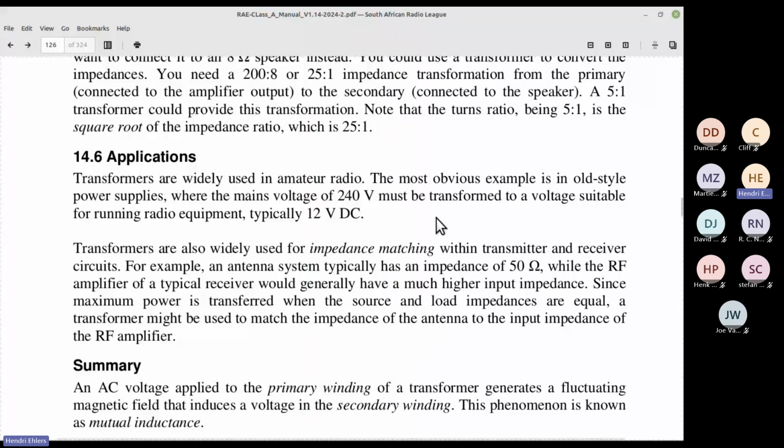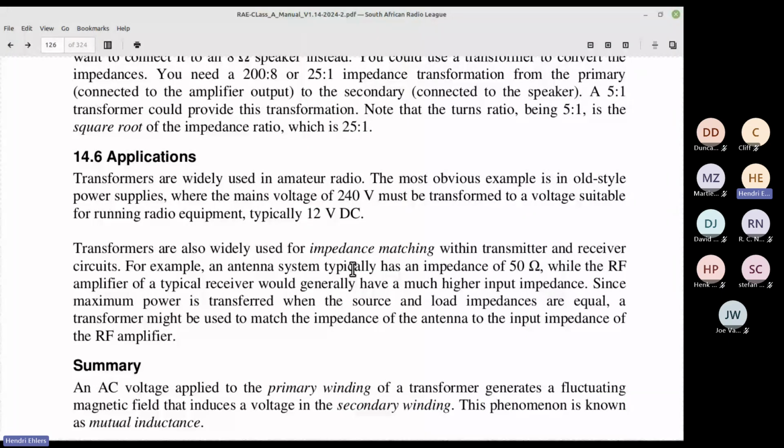Now, applications for transformers, I've explained that. We use them for power supplies, power distribution, and impedance matching, where we put one onto our antennas. If you have a 200 ohm antenna and you want to match it to 50 ohms, you'll use a transformer, which some guys make themselves.